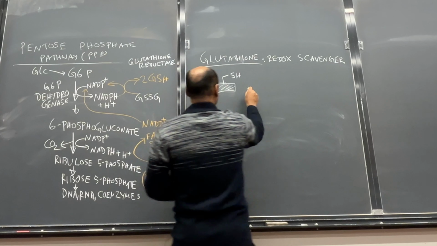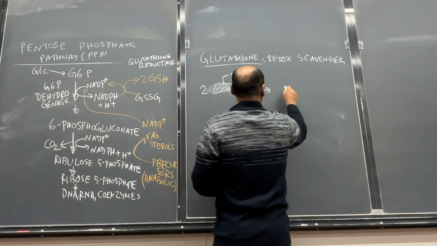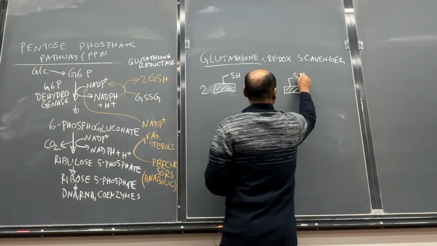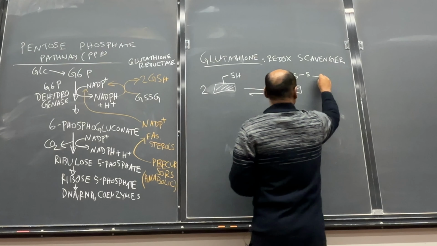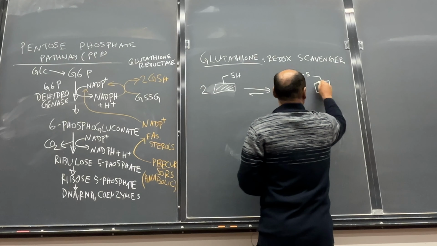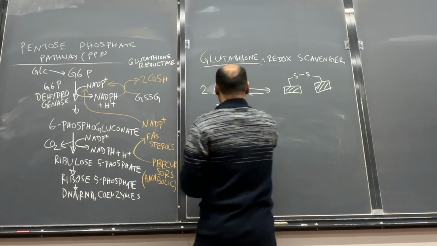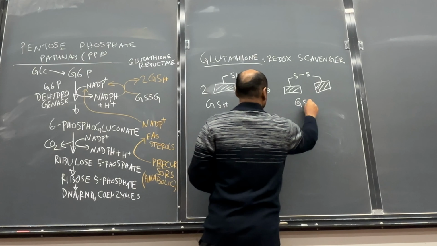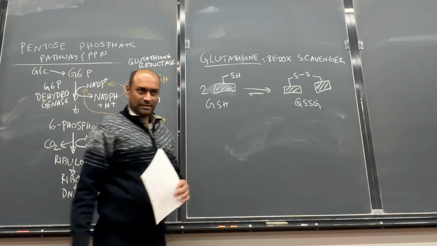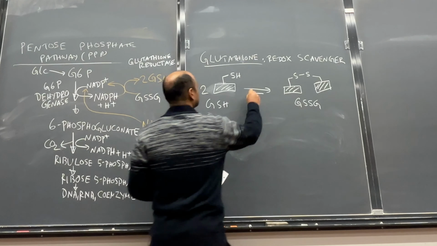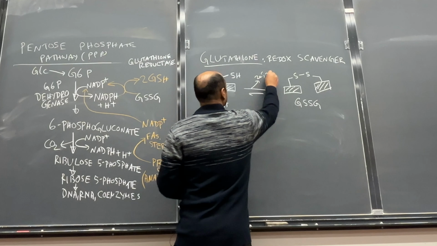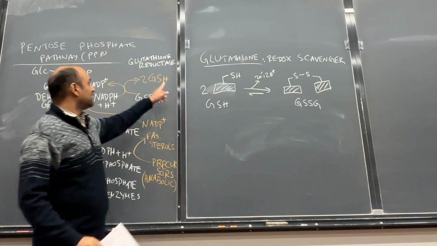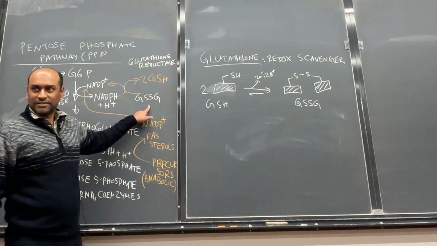And so when you use two of them, then we make oxidized glutathione, right? S, and that's our disulfide bond. And so if this is GSH, this will be your GSSG, right? Okay, so that is GSSG, that's your oxidized glutathione.